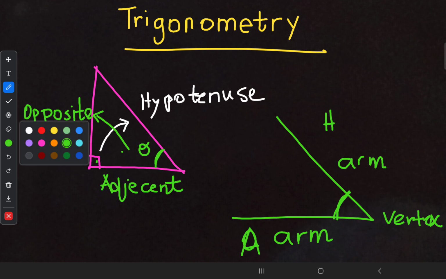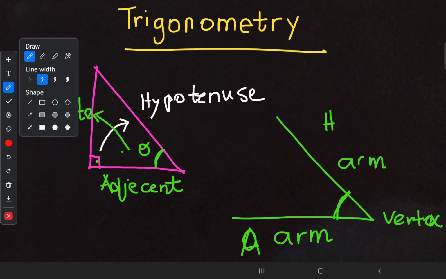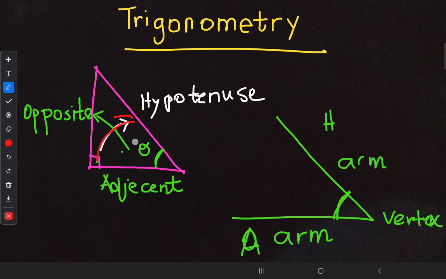First of all, the side which is opposite to the right angle is the hypotenuse. When I consider this angle, the side which is near to the angle is our adjacent side. The side which is opposite to this considered angle is indicated as the opposite side. That's all for here.